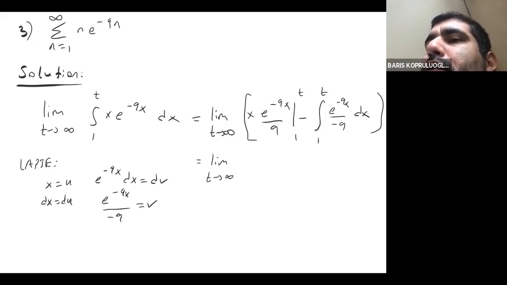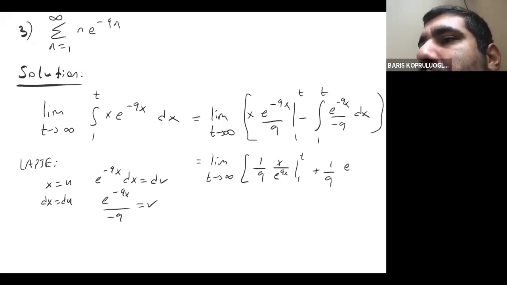And before we do that, let's try to simplify this expression a little. So this is going to be 1 over 9, the integral of e to the power of negative 9x, which is going to be this.